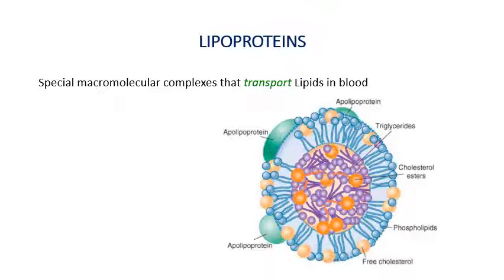You can see the core of the lipoprotein contains triglycerides and cholesterol esters, and the polar end contains phospholipids, free cholesterol and apolipoproteins. Apolipoproteins are the structural proteins associated with the lipoproteins. Different lipoproteins have different types of apolipoproteins associated with them.